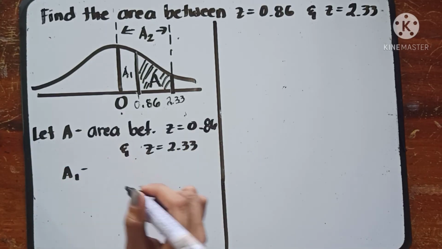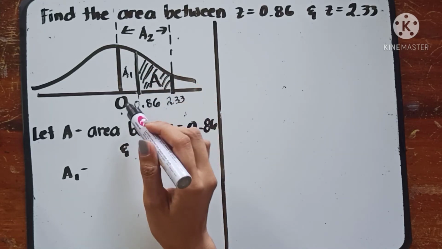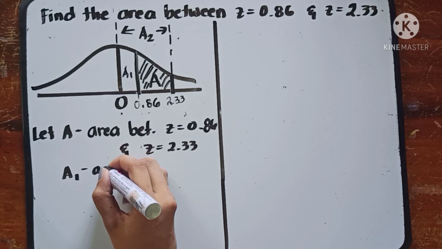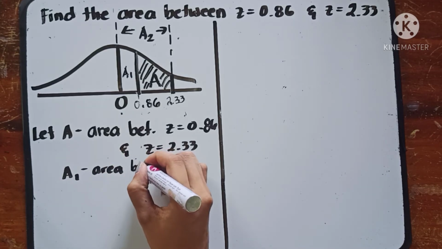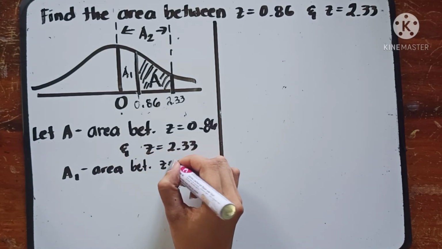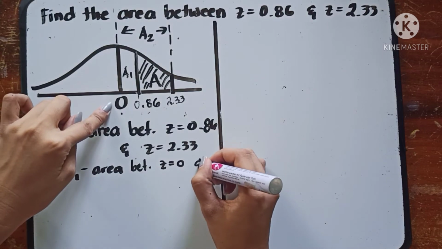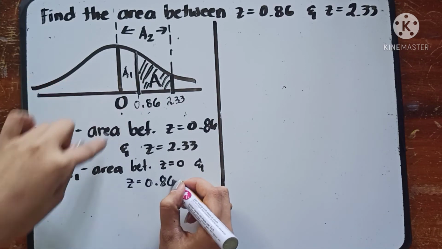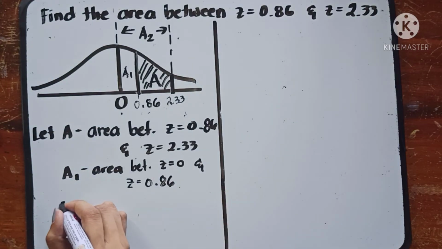Ito yung A sub 1 mo, from 0 hanggang 0.86. So, this is the area between z is equal to 0 and z is equal to 0.86. How about our A sub 2? Ang A sub 2 natin, guys, this is not half of the curve, okay? Hindi po ito half of the curve.